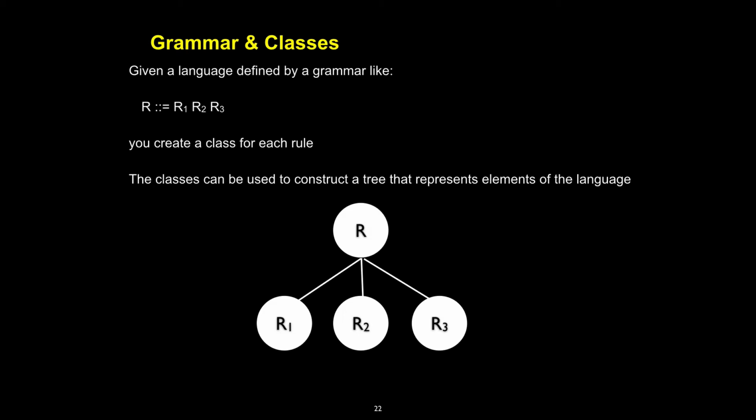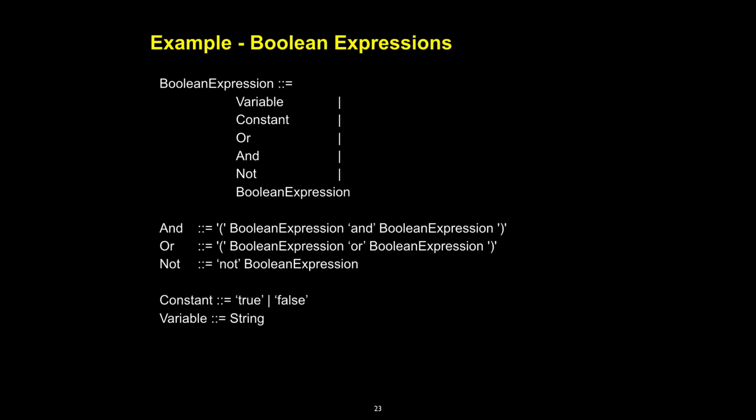You're probably familiar with BNF diagrams or these rules. Say this rule is this, this, or this. So let's look at an example first. What's a Boolean expression, right? A Boolean expression could be a variable or a constant, an or, an and, a not, and another Boolean expression, right?